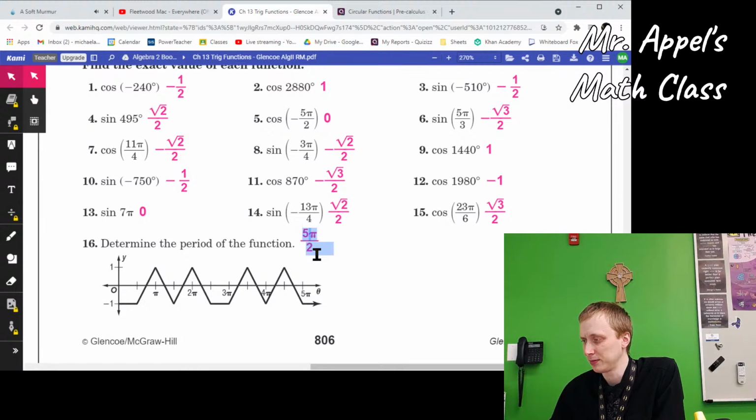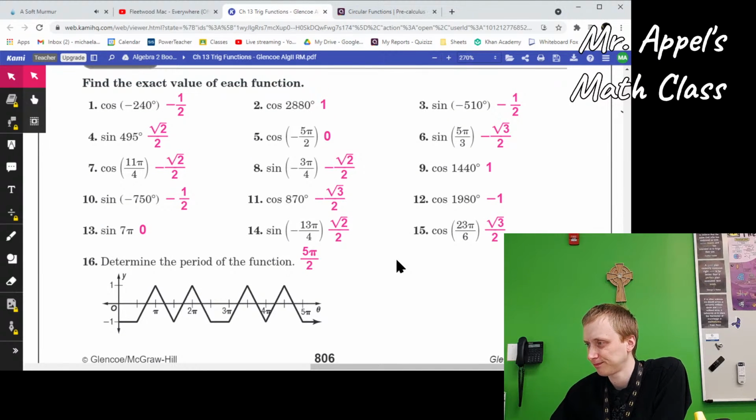Oh, 16 is right here. Okay. So the period of this function, until you repeat yourself, so you have to go flat, one spike, two spikes, and then the flat, one spike, two spikes. So here is the cutoff point between 2 pi and 3 pi. That's 5 halves of pi. All right, any questions from those guys?